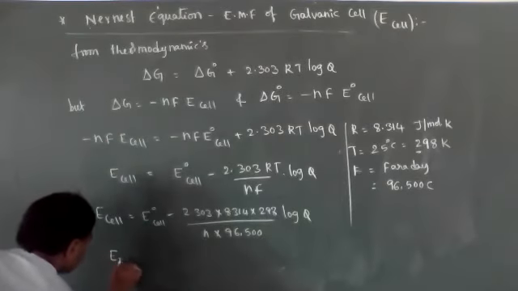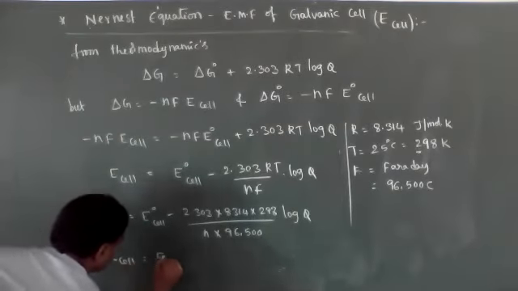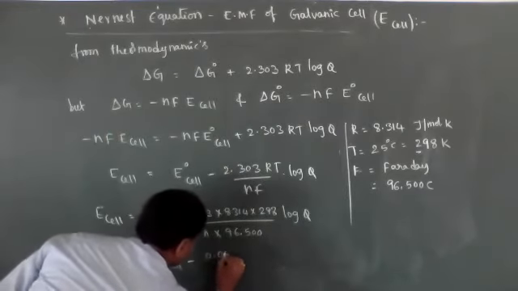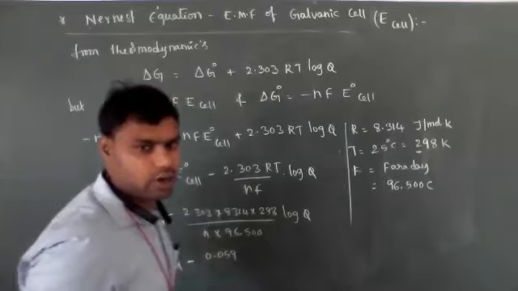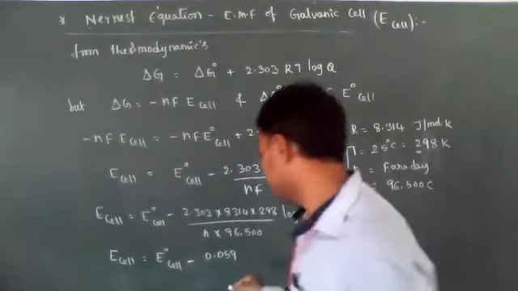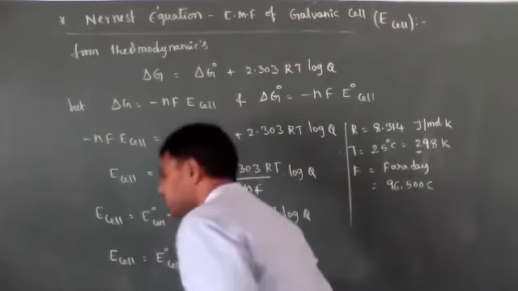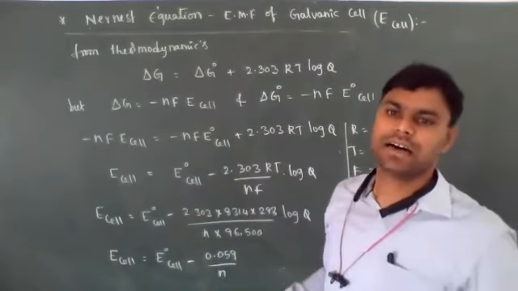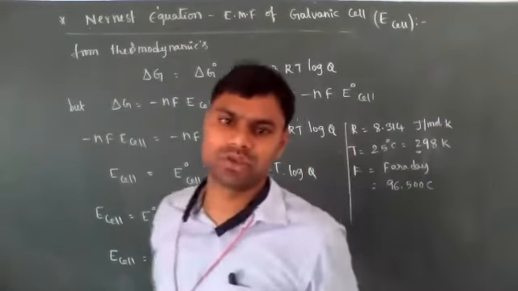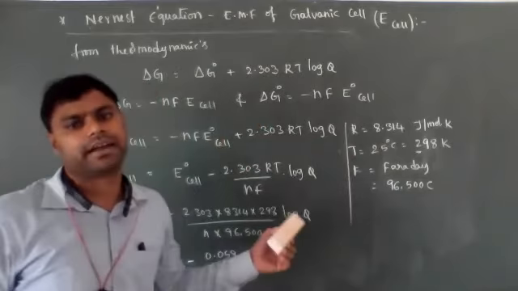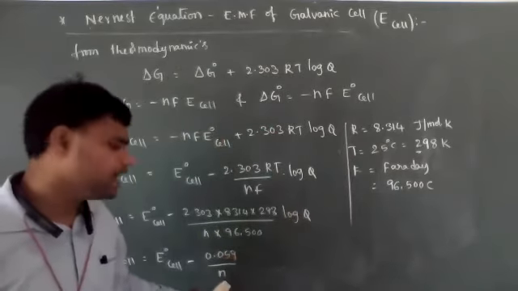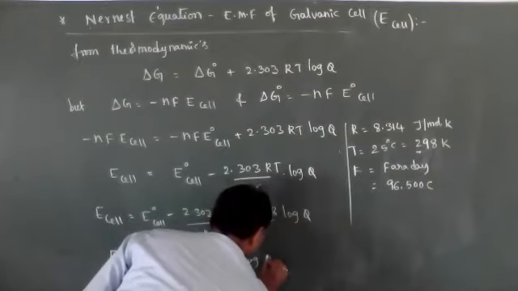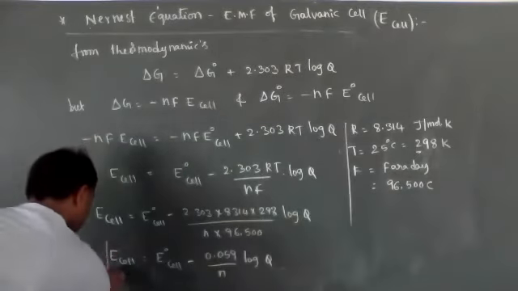Then E cell is equal to E0 cell minus 0.059 by n log Q. What is n? n is the number of electrons used in the cell reaction, the number of electrons gained or lost.